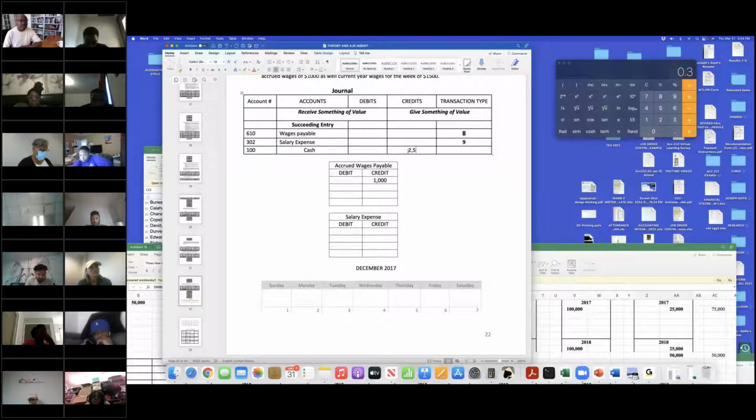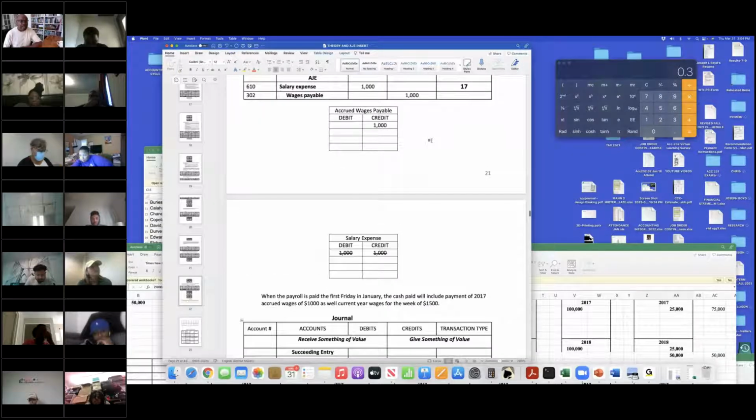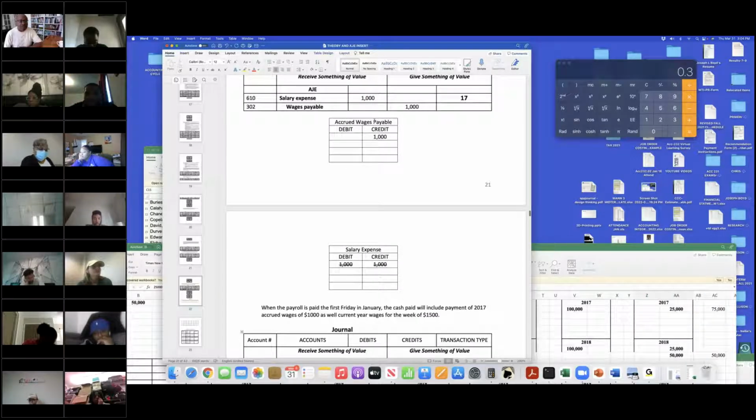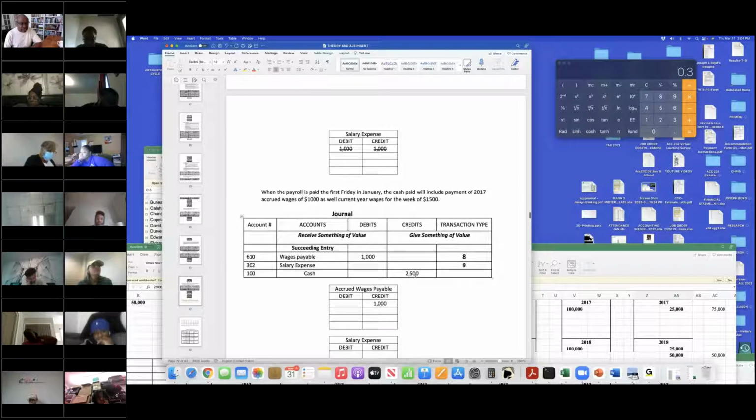Now, the accrued wages of 1,000, which related to the prior year, the prior 2 days, the company is going to debit wages payable. They made the AJE and recorded the expense in the prior year. They're paying you later. They're paying you on that first Friday in the next year. So the 1,000 represents the Monday and Tuesday.